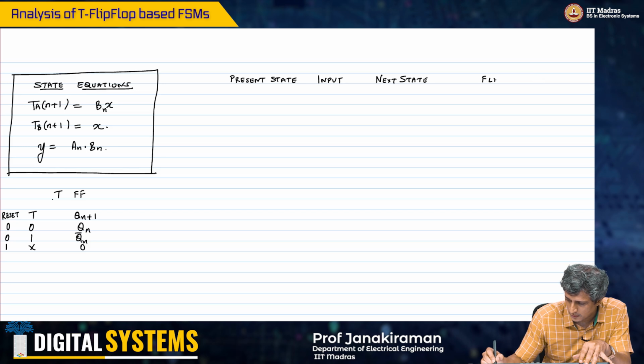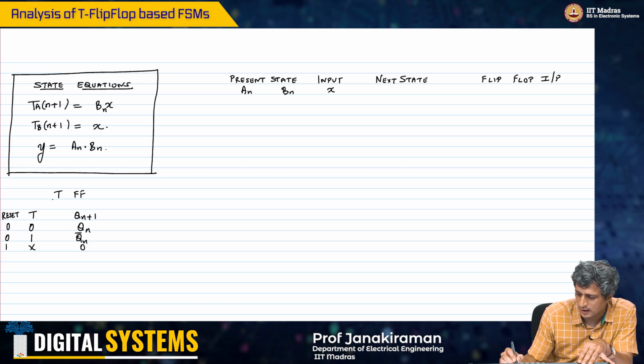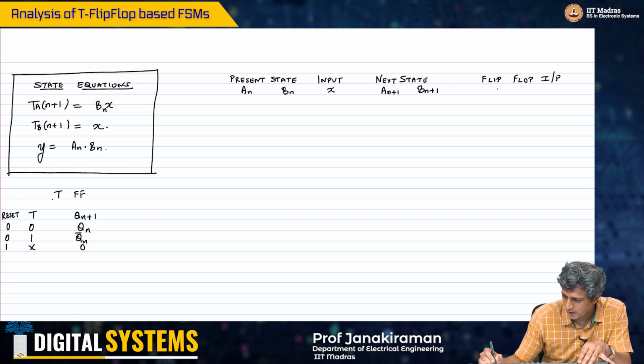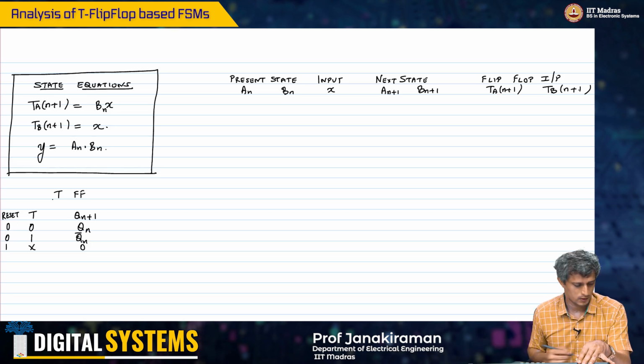Actually, inputs. Okay, so this is An, Bn, X. Next state is An plus 1, Bn plus 1, and this is TA of n plus 1, TB of n plus 1.